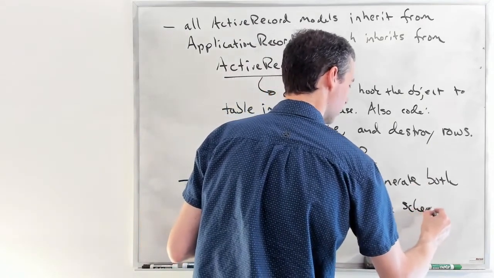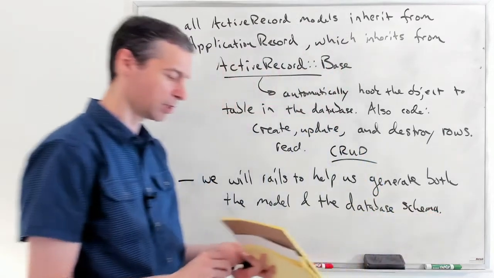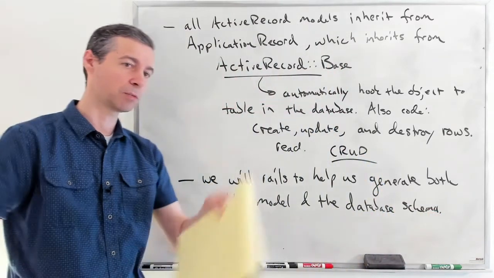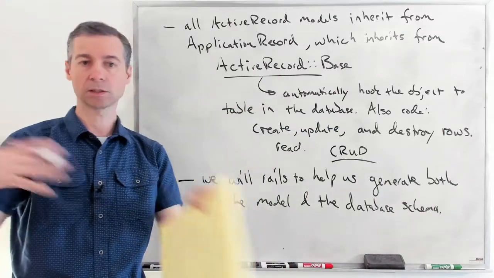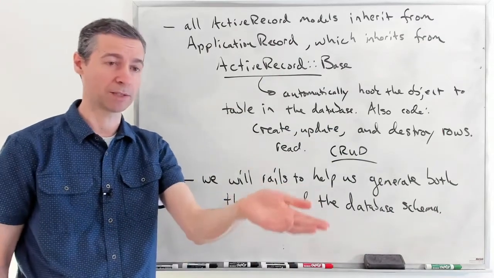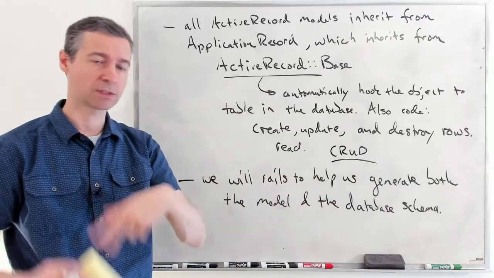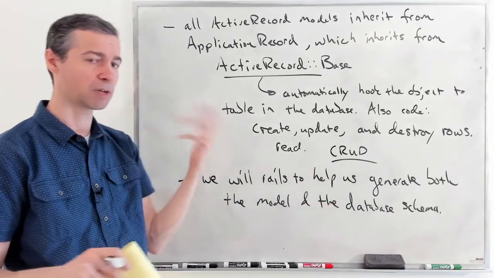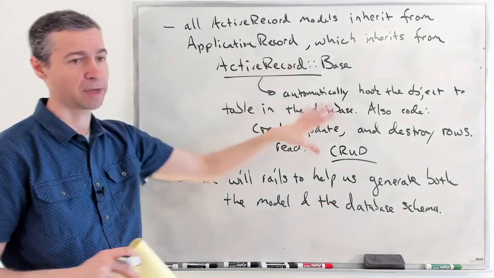We'll do them together. We can certainly make a schema, and then we can make a model. We could make a database and have it exist and tell Rails that it exists there, and then we could have a model and rely upon all this automatic code.